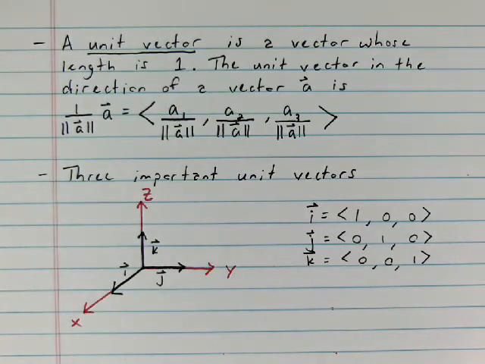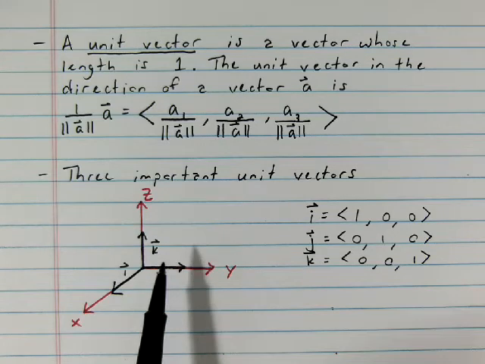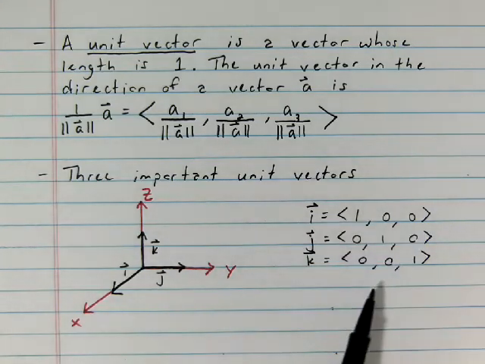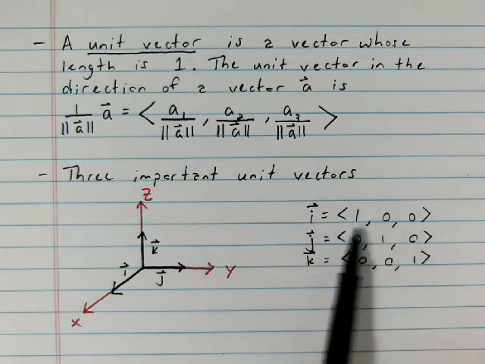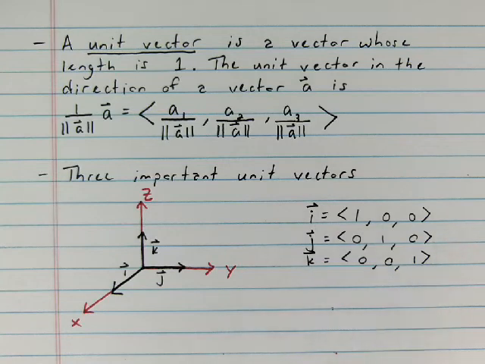So now we can introduce a new notation for writing vectors using this i, j, and k instead of using these brackets. That's what we'll talk about next: how do we represent a vector using i, j, and k instead.